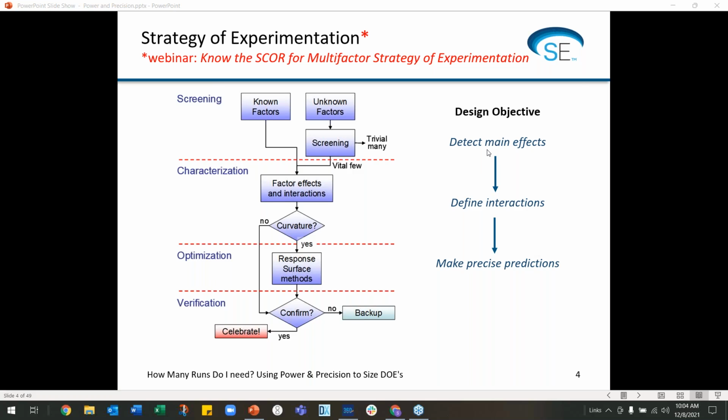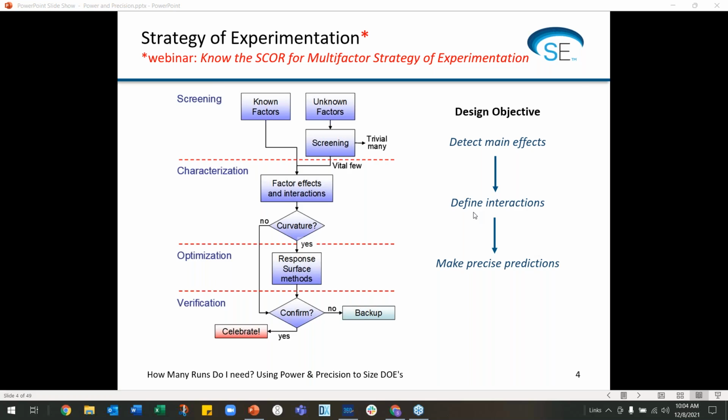From there, we probably move on to a characterization design, and both of these are typically done using factorial designs. But now with characterization designs, we can detect and define the interactions that occur between factors, and we may even check for curvature at this point. But in both of these, screening and characterization, our objective is to detect some type of effect.